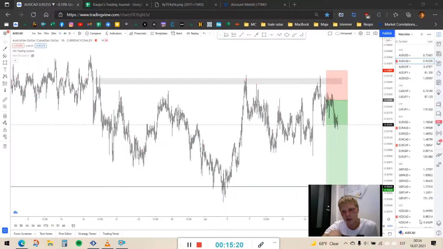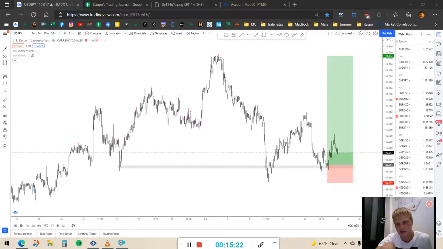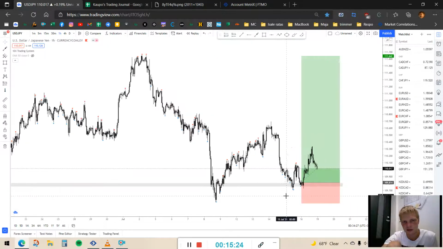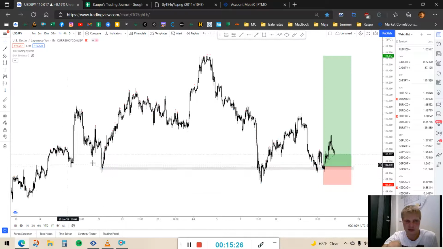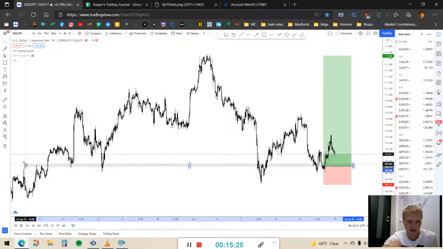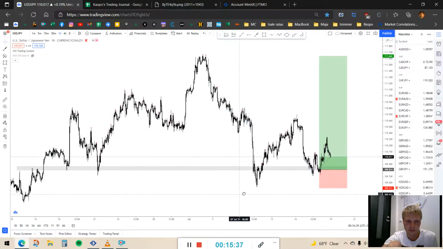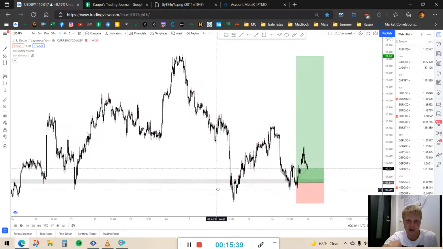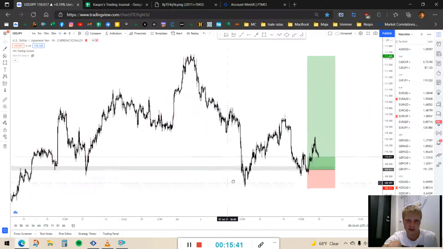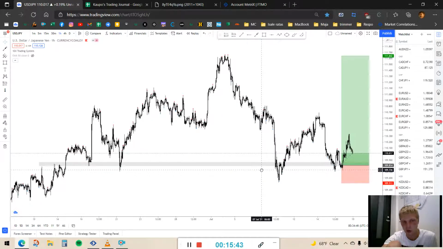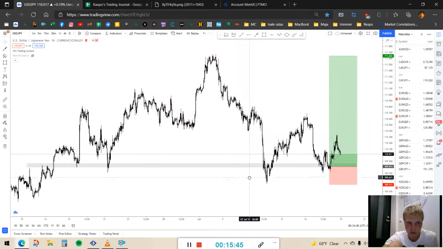It's not my typical trade, to be honest, because this is not the clearest zone I would trade. I have taken trades like this before, but I have no statistical data to tell you how much they work out and how much they don't.